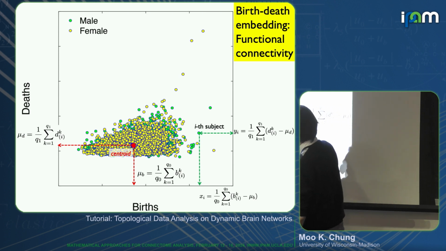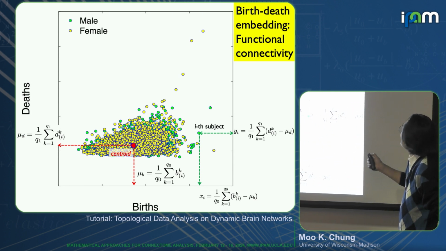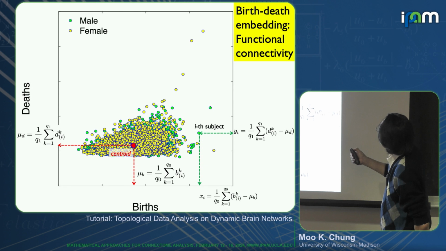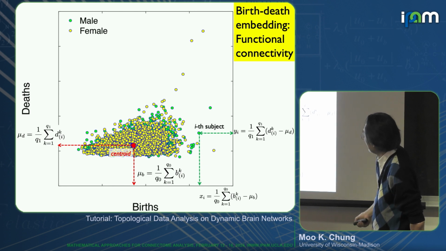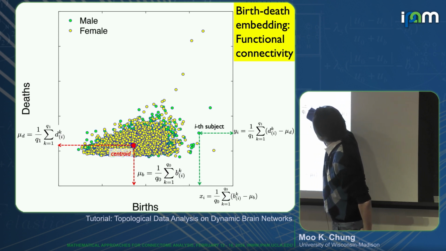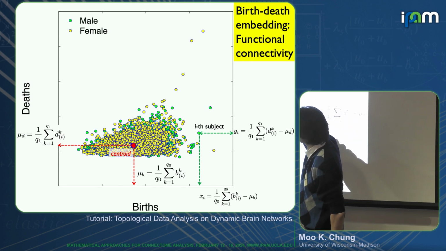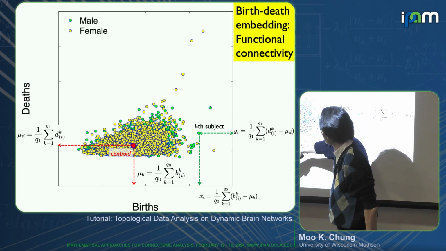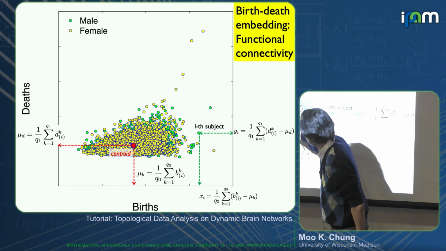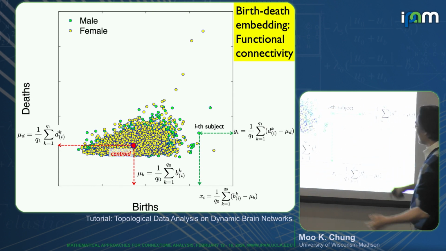So you can have this kind of embedding technology. It's still ongoing research. It's what we call the Both-and embedding, where each node is basically a network. In this case, I'm showing that there's no topology difference between male and female. It's centered here.